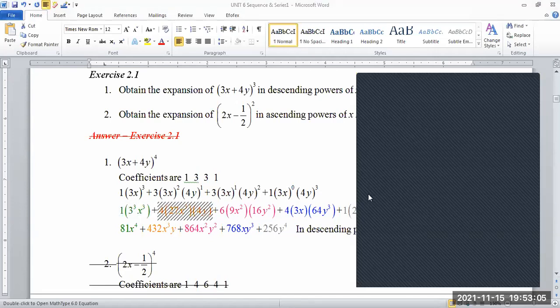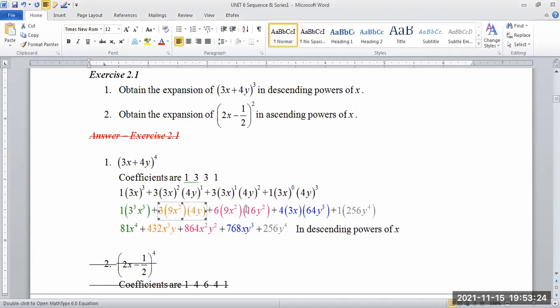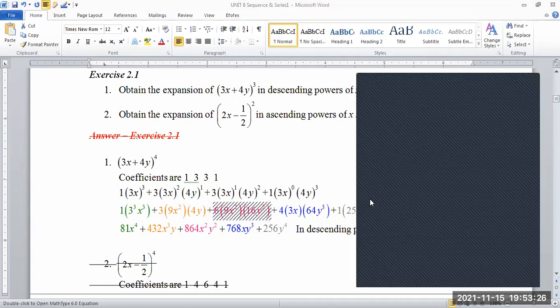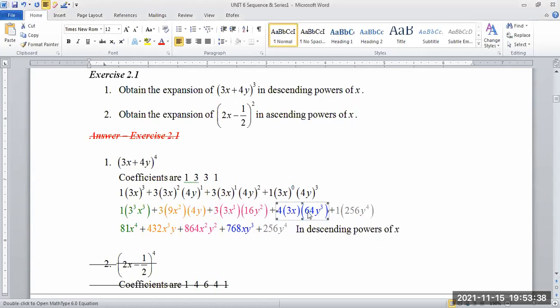And then that's going to be another 3, and that's going to be 3 to the... interesting. That's 9x squared, 9x squared. Then 3x to the first, 4 squared is 16y squared.